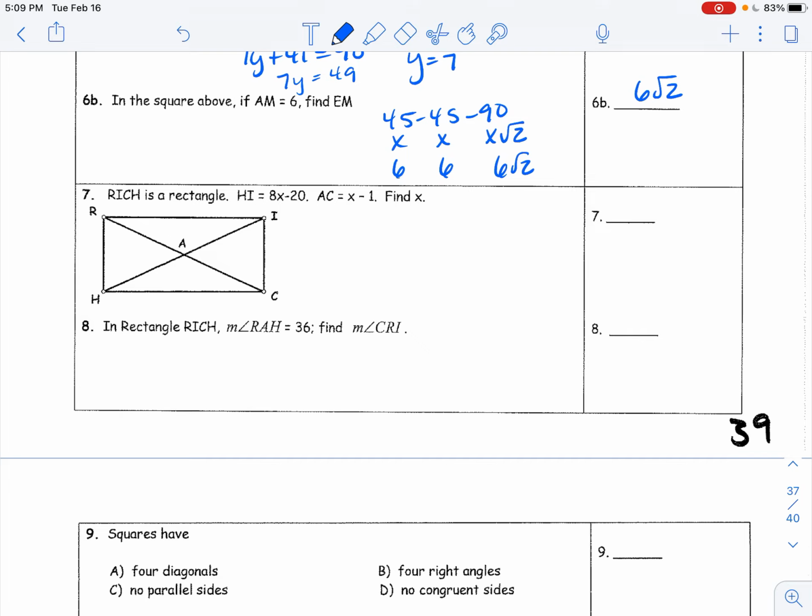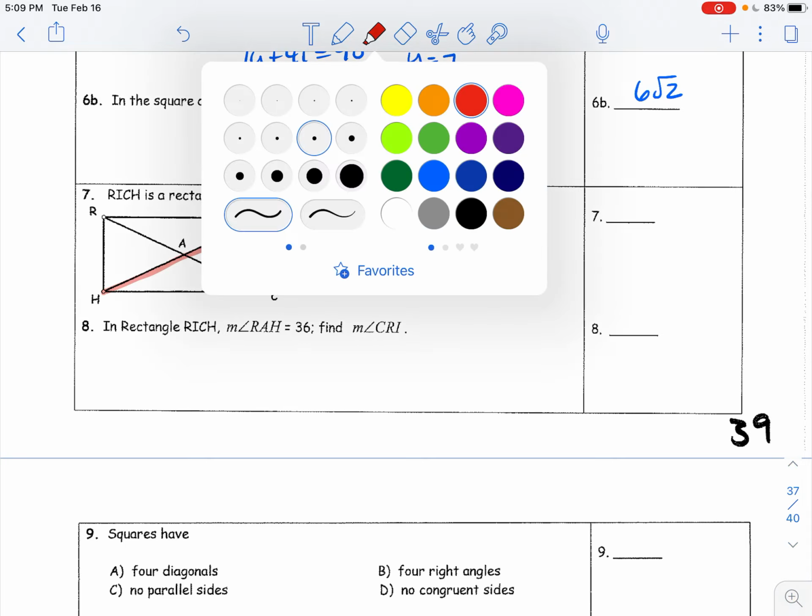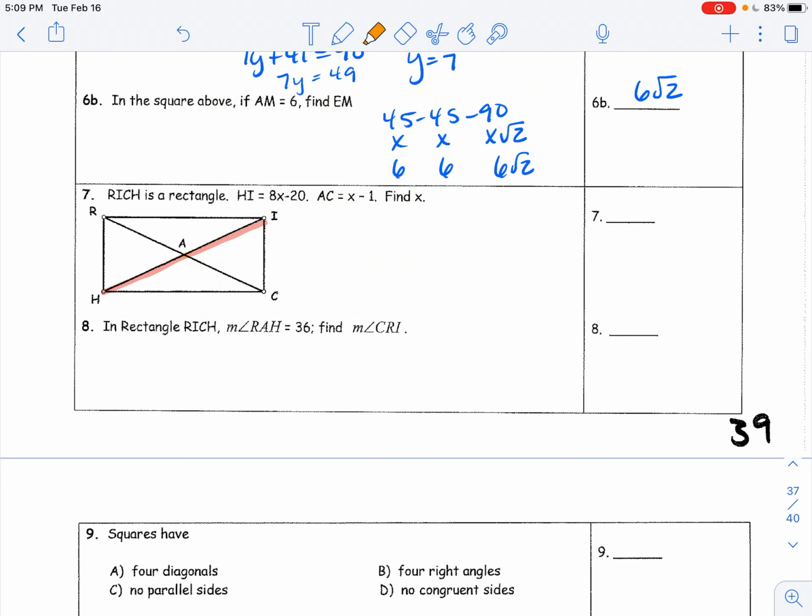Number 7, RICH is a rectangle. HI, so I'm looking at the diagonal here, is 8x minus 20. AC is x minus 1. Find x. Okay, so if this is a rectangle, then the diagonals are congruent.